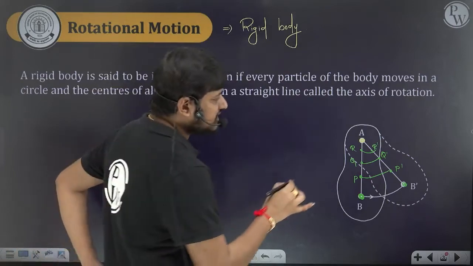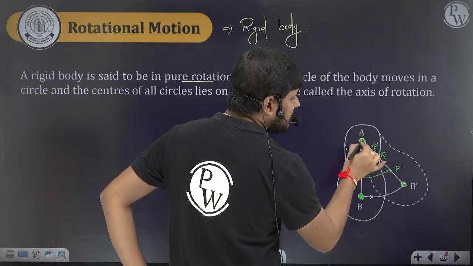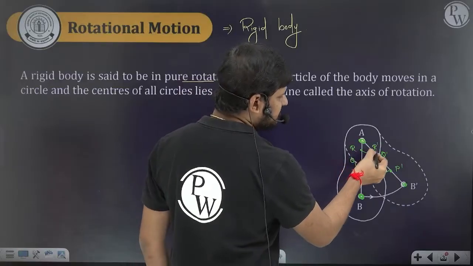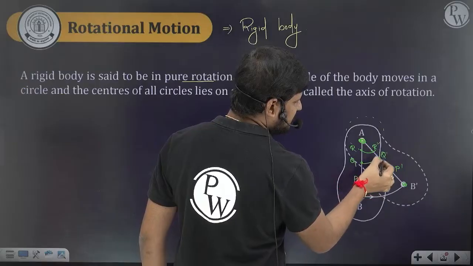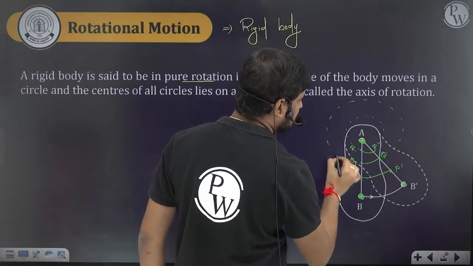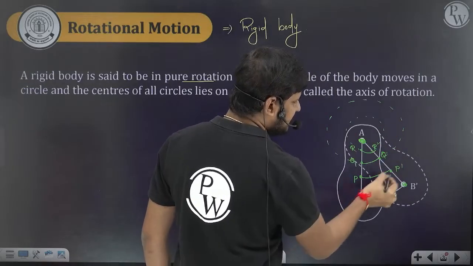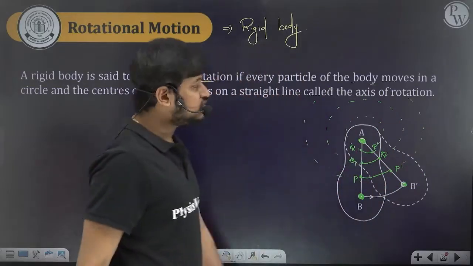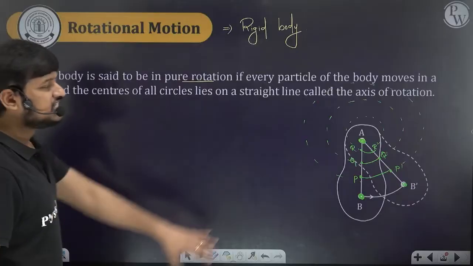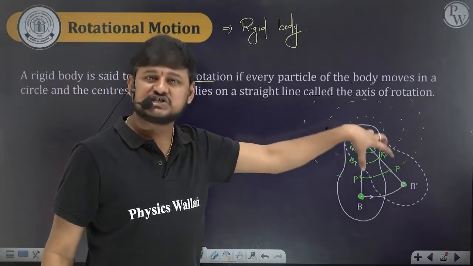And one more thing, they all have a common center for these circles. If you complete this circle, the center is here, and if you complete this other circle, the same center, and again the same center. So they have a common center. Such motion is said to be rotational motion.